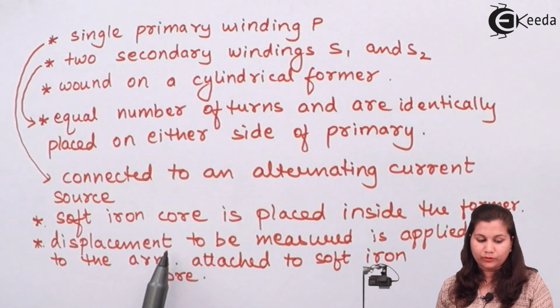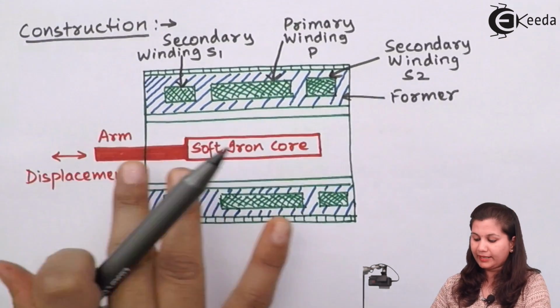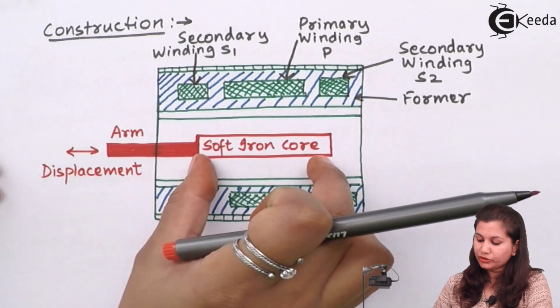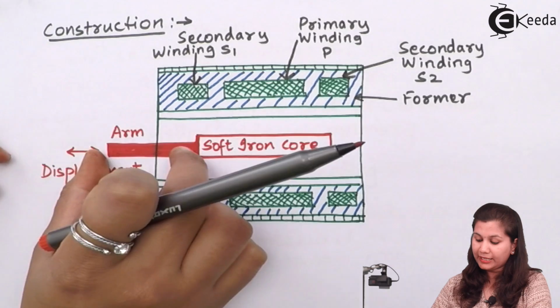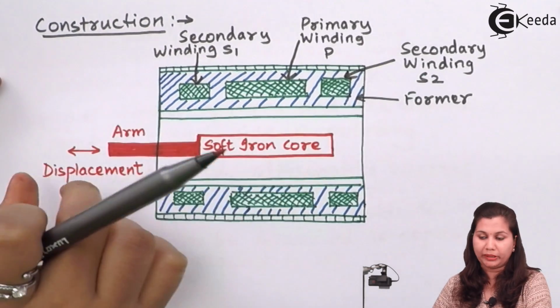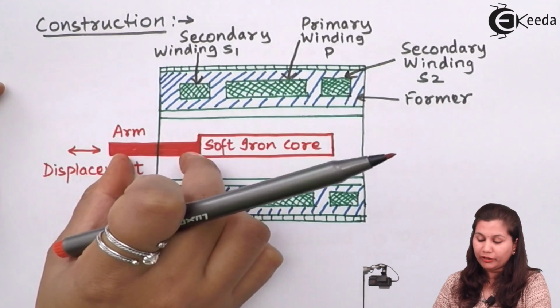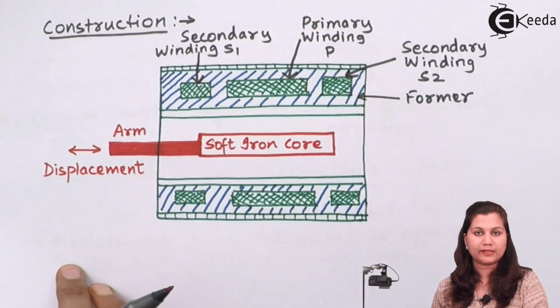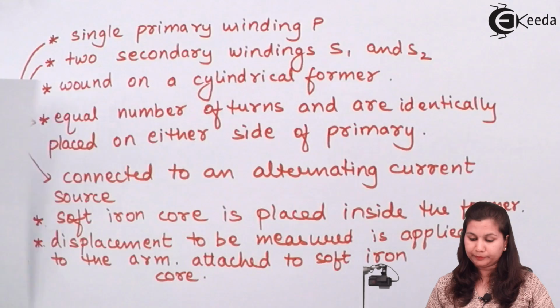Now this soft iron core, you can see that it is placed inside the former. It is in the middle of this former, and to this soft iron core an arm is attached, and the displacement which we want to measure is given to this arm. Through this arm, this soft iron core is moved inside the former.